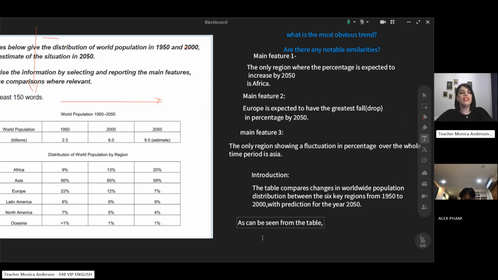So as can be seen from the table, the only region where the percentage is expected to increase by 2050 is Africa, while Europe is expected to have the greatest fall in percentage by 2050. I compare these two because one increases and the second decreases, and the third one is not relevant, so I separated it.